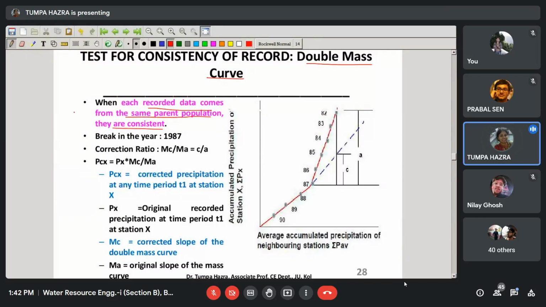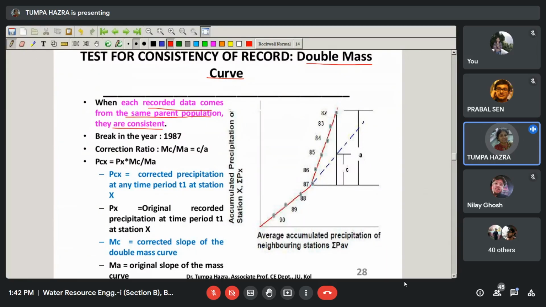Now, first you have to arrange the data in reverse chronological order. That means the latest data entry will be the first one, and the last data entry will be the last one.